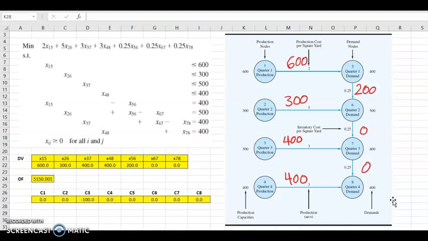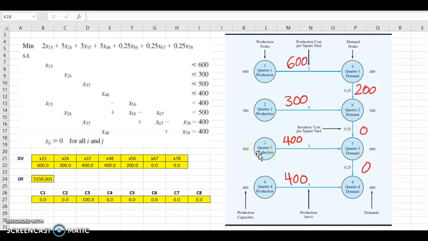When you model it well, the results always surprise us. So for the first quarter, manufacture 600. It is cheap too, and use 400 here and send the remaining 200 to the next quarter. In quarter two, the capacity is 300, so it makes 300, but the demand here is 500. This 200 and this 300 satisfy the 500 demand.